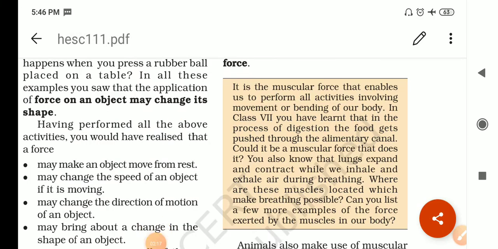While applying muscular force on an object, our body has to be in direct or indirect contact. Thus, the muscular force is a contact force, right?